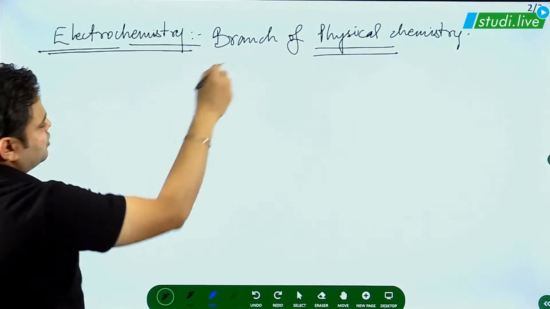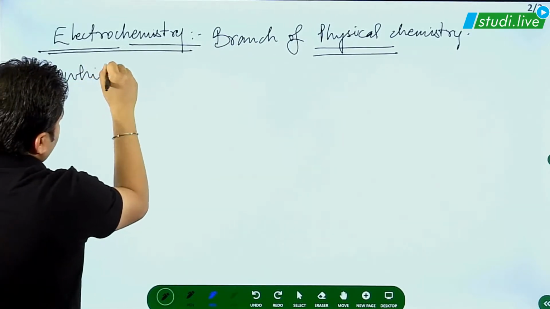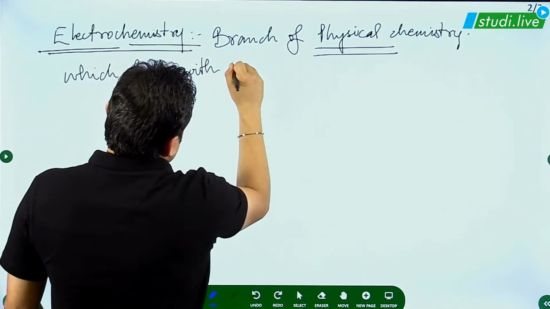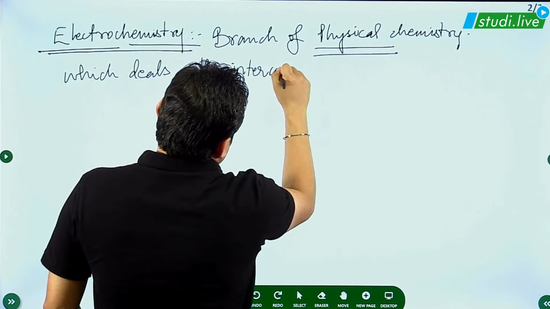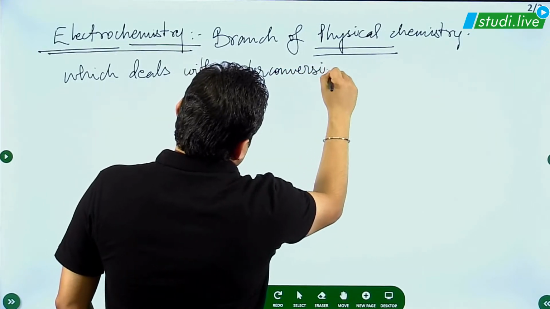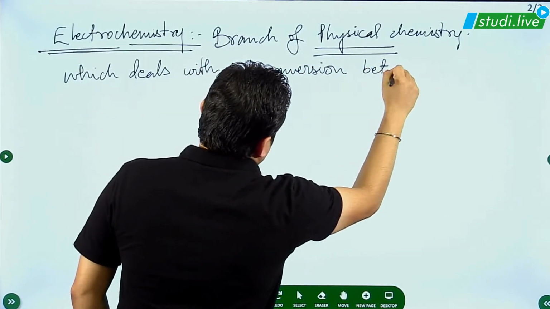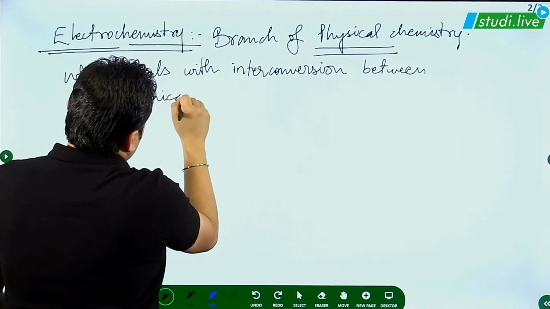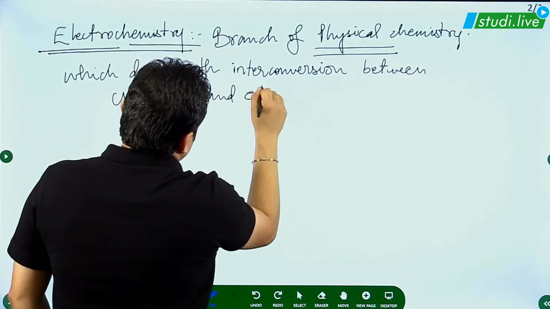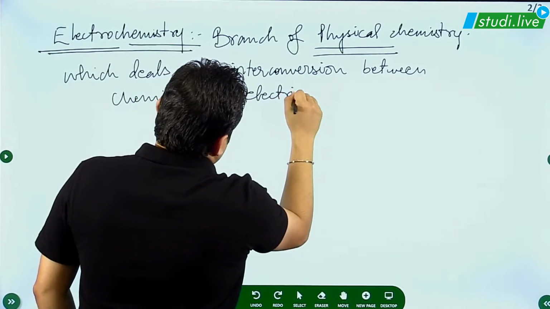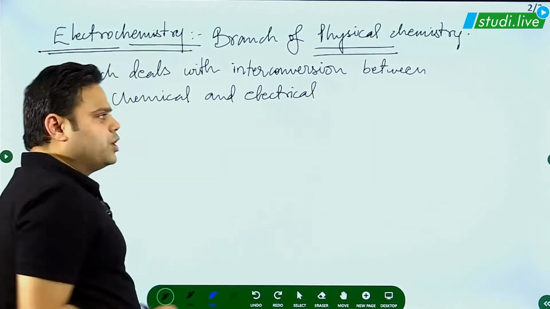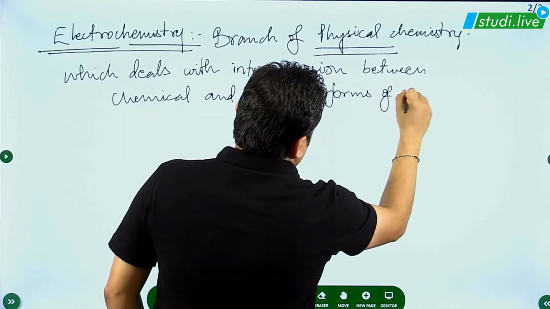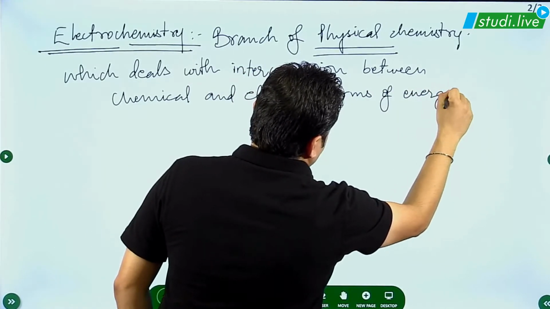Electrochemistry is a branch of physical chemistry which deals with interconversion between chemical and electrical forms of energy.